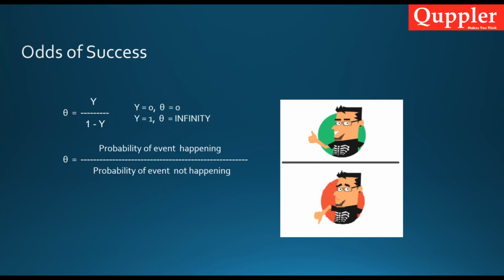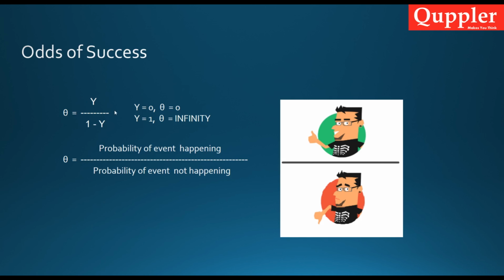Odds of success talks about the probability of the event happening by the probability of the event not happening. So in this case, theta is always equal to y by 1 minus y, where y is the probability of the thing happening.